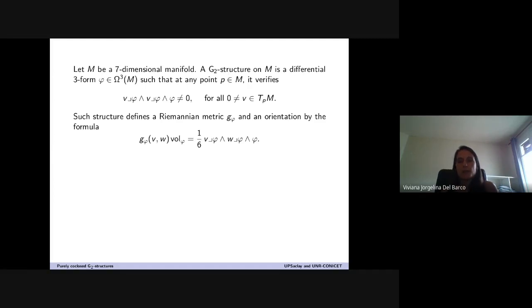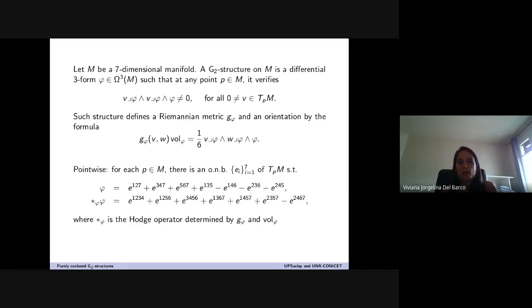It means that pointwise your 3-form is going to be written in this way, and the dual of the 3-form is going to have the standard form of a G2 structure. This is only pointwise. It means that for every point you find an orthonormal basis, but in general you cannot do it globally. Well, of course, in the groups it's a different situation.